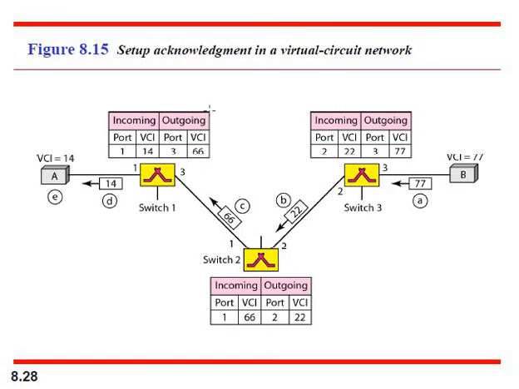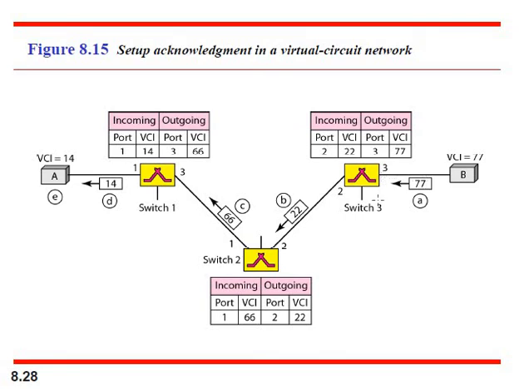Once the setup phase is completed, next is the acknowledgement. That is, B says that yes, I am ready to accept your packet, so you can go on with communication. In this way you send the acknowledgement. Whatever packet B has received from switch number 3, it will give the number 77 as an acknowledgement.